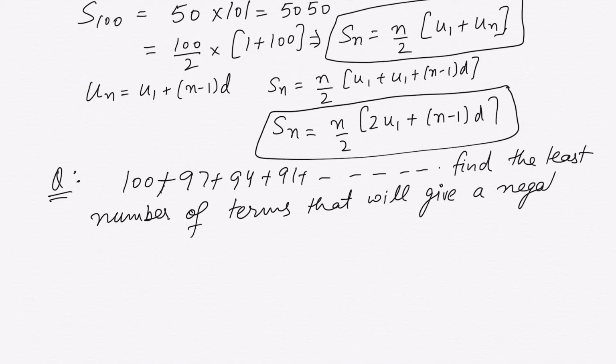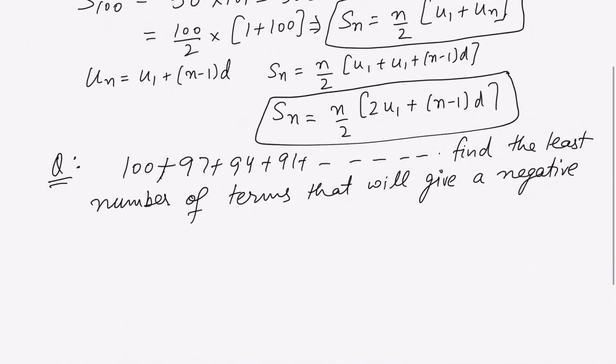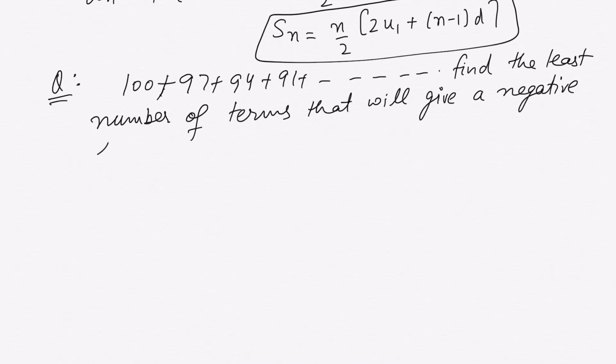Because we know that the terms of the series are decreasing, a time will come when my whole sum will start becoming negative, and from then on the sum will always be negative. So they want to know the first term from where my sum will become negative, right?